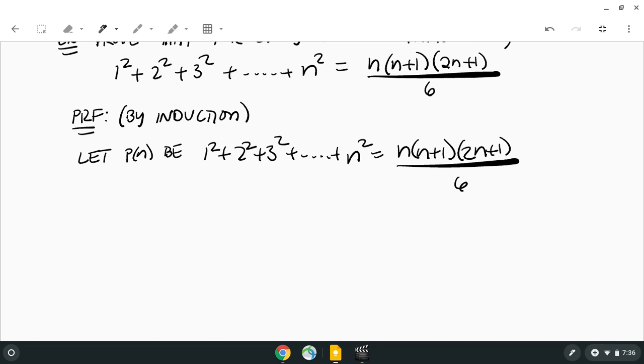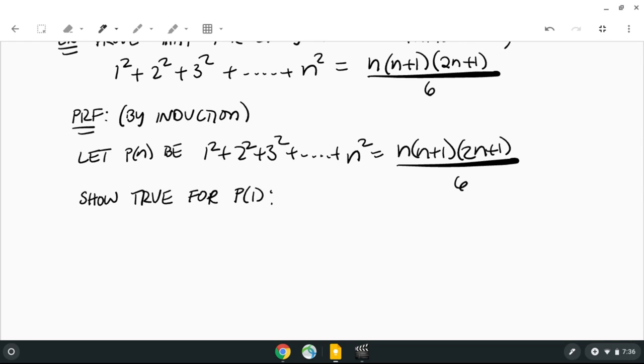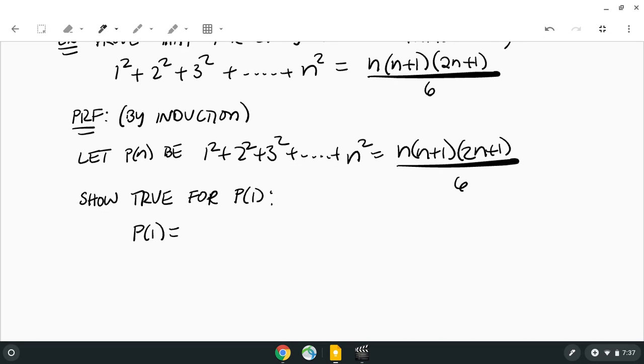Now show it's true for P(1). The first term is 1 squared, which equals 1.